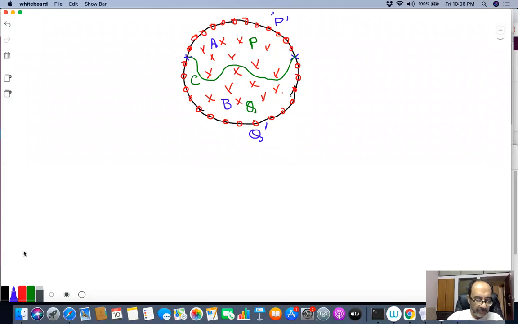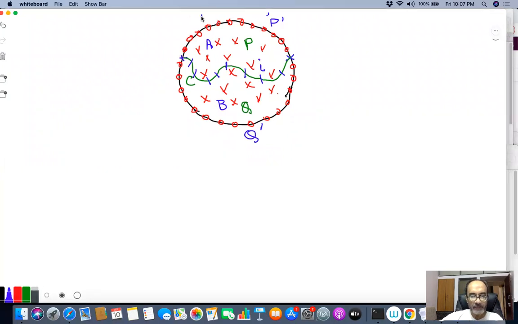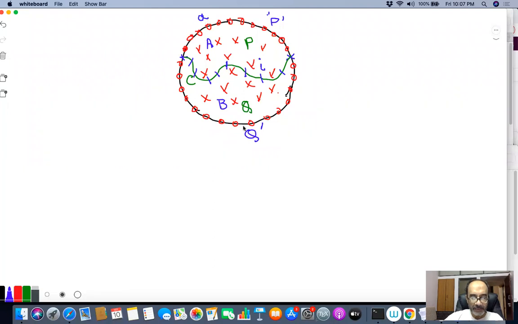So let me draw those links. Each of them has a qubit, of course, so they have also a Hilbert space, and that Hilbert space basis I labeled by I. And then these qubits have a Hilbert space, which is denoted by A, with basis I labeled by small a, and these qubits have a Hilbert space whose basis I labeled by B.